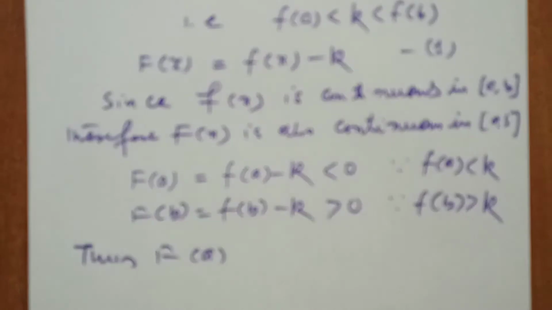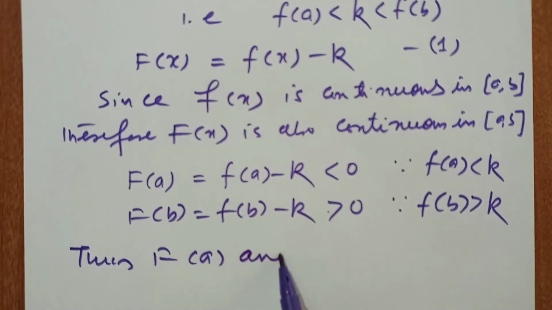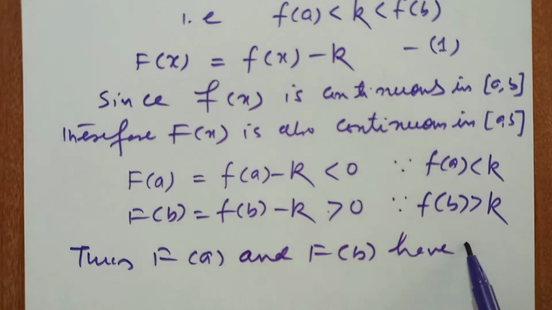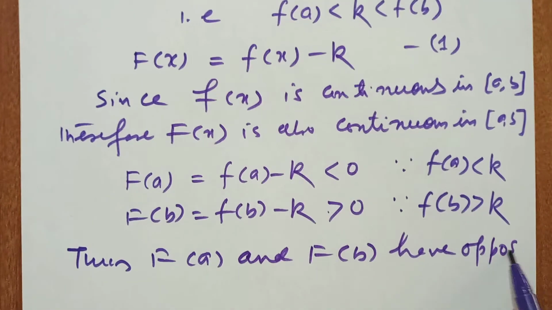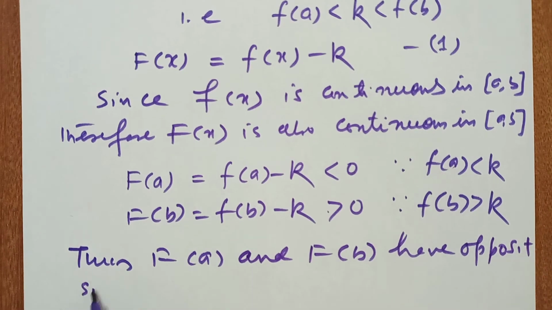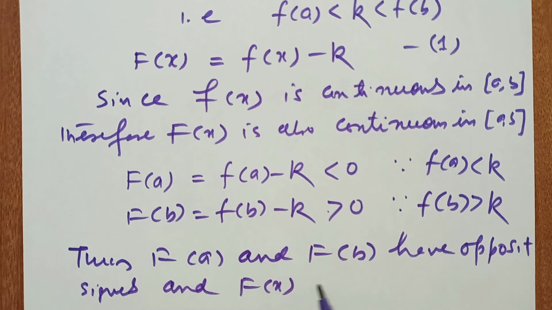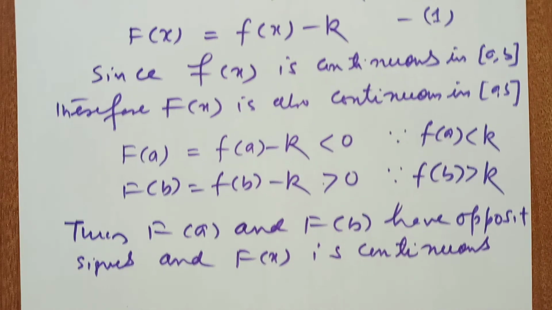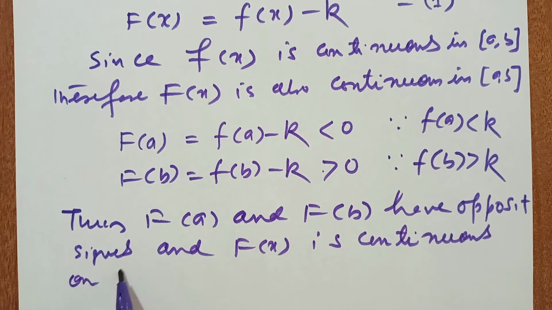Thus, F(a) and F(b) have opposite signs and F(x) is continuous on the closed interval [a, b].